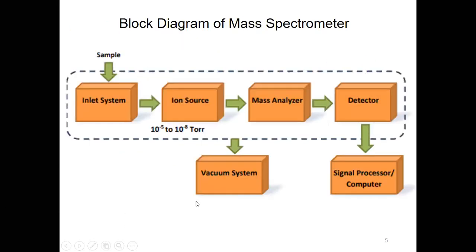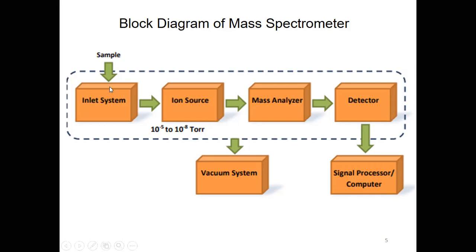This is the block diagram of a mass spectrophotometer. Normally it is kept in a vacuum system. All these components are placed inside a vacuum, and the sample is introduced through a sample inlet system.